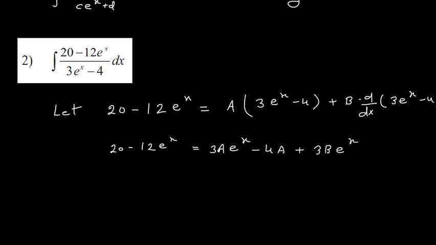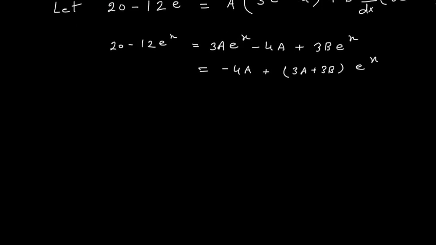So if we compare here with e^x, now I will write the constant term first, so minus 4a plus, in the bracket, 3a plus 3b times e^x.